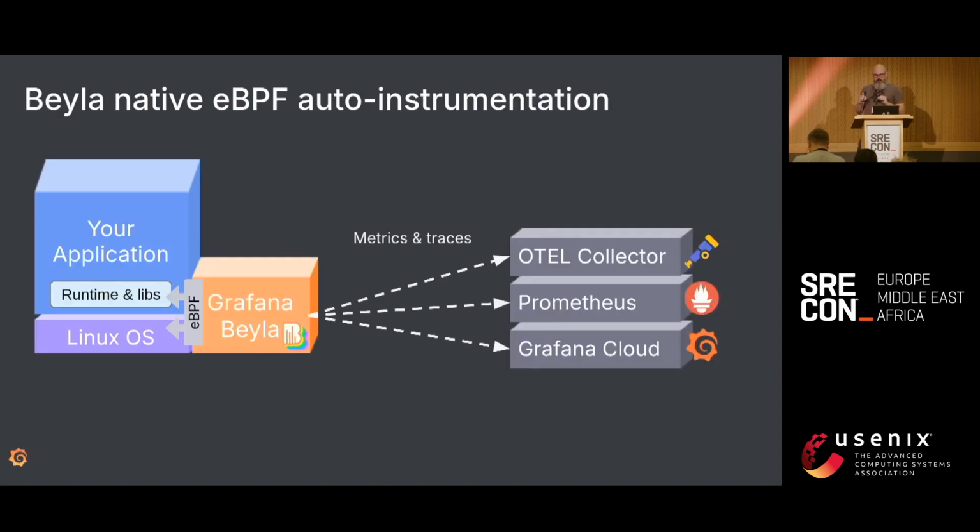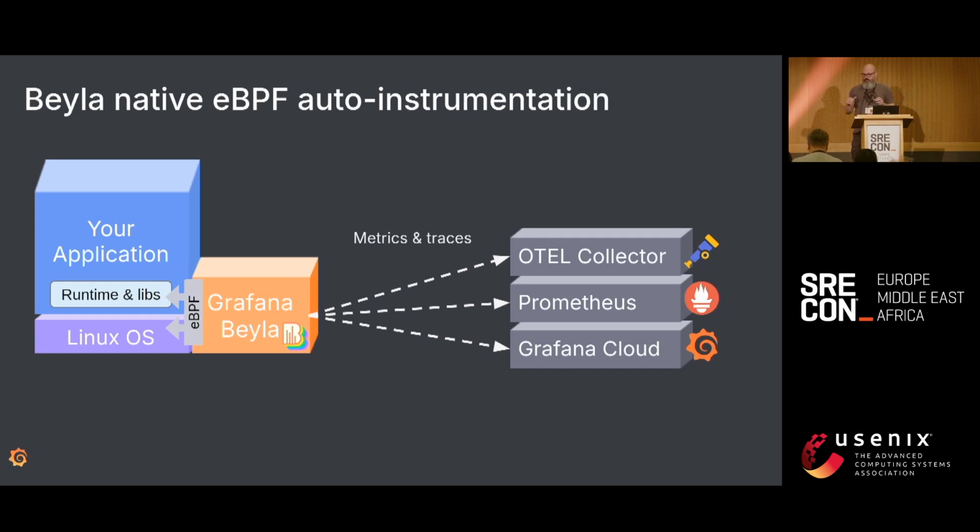Let me introduce Beyla, our approach to automatic instrumentation. Initially, it was born as a Go automatic instrumentation because, as I said, in the OpenTelemetry ecosystem there are different auto-instrumentation libraries for different languages. But nowadays, Beyla is able to instrument any service in any language. It requires no agents, no code, no configuration changes.